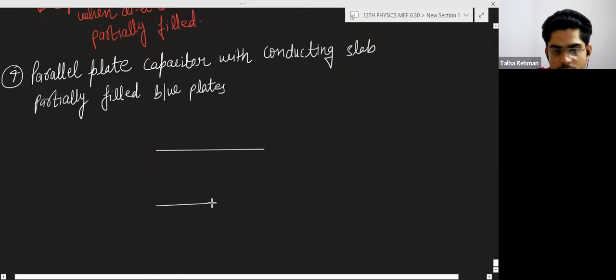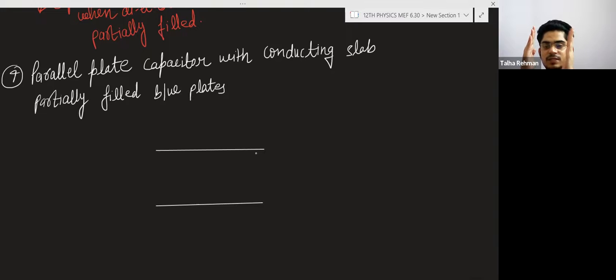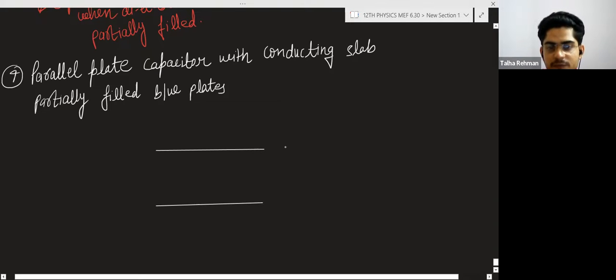Actually, Amjad, these are our previous plates, but these are the plates now. So what I have done this time is two parallel lines. This is one plate and this is another plate. This is positive charge and this is negative charge, as we have discussed.